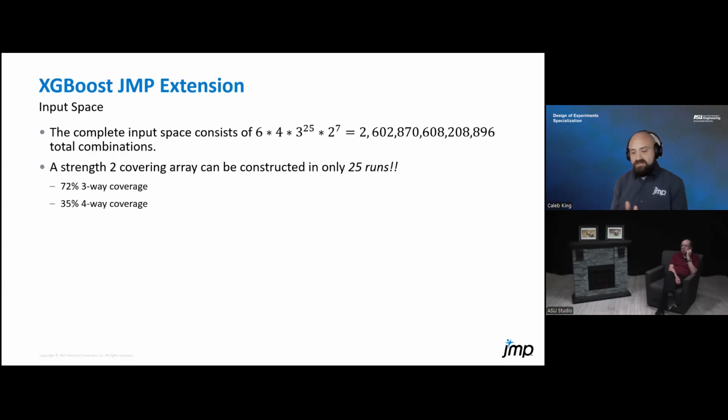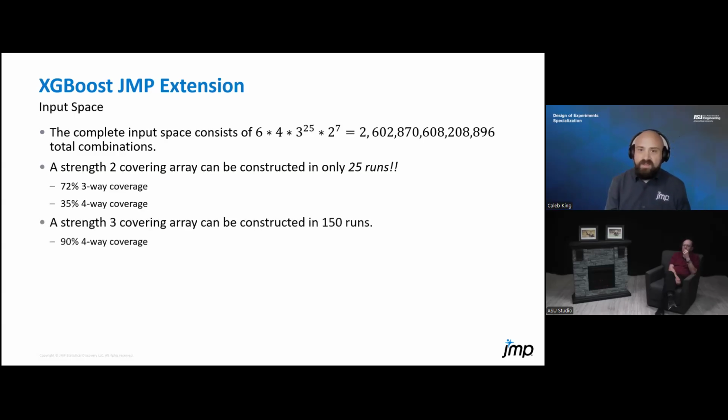Now, if I was interested in more interactions, so maybe a strength 3 covering array, okay, now I can do it in 150 runs. That is bigger, but if you compare it to the entire input space, it's nothing. So it does require a few more runs, but it does have, hey, better coverage at 4-way. So again, you've got options here. But we ultimately have a lot of efficiency in testing this very complex interface. So that's the main takeaway with this example.